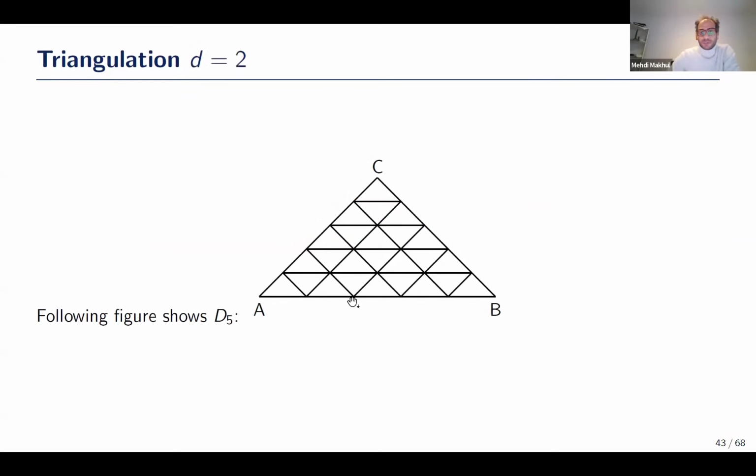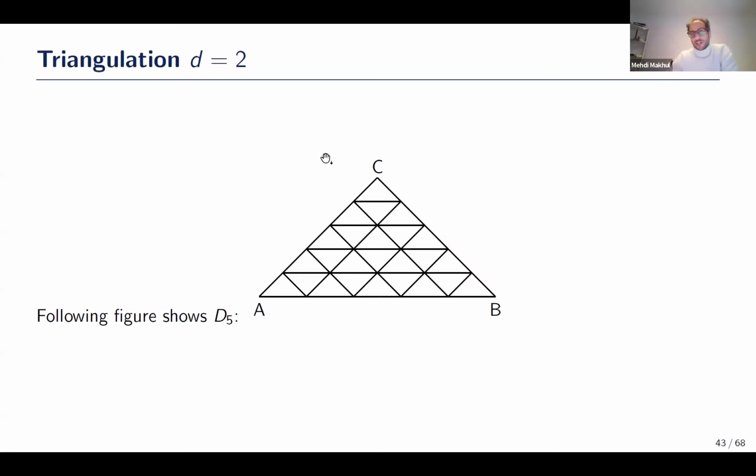This is D5, for example. So this is 4 lines from one foliation, 4 other lines from another foliation, and 4 lines from the third foliation. And these lines divide ABC into 25 smaller triangles. So this is the triangulation in the case D equals 2.